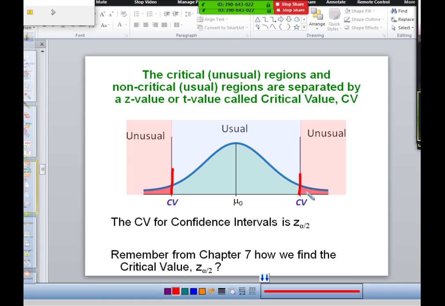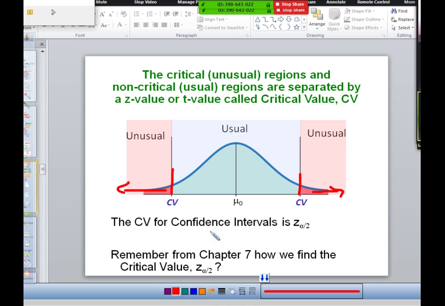So in other words, a Z-score anywhere beyond here or beyond there would be the unusual Z-scores. And this is the same as Chapter 7.